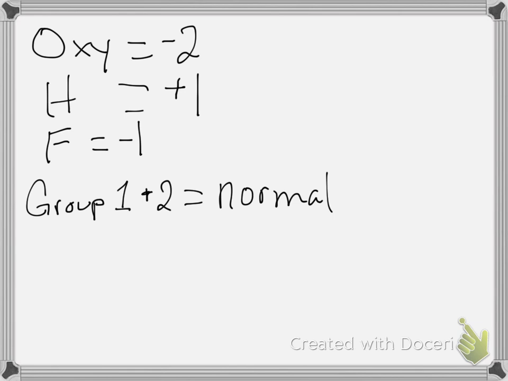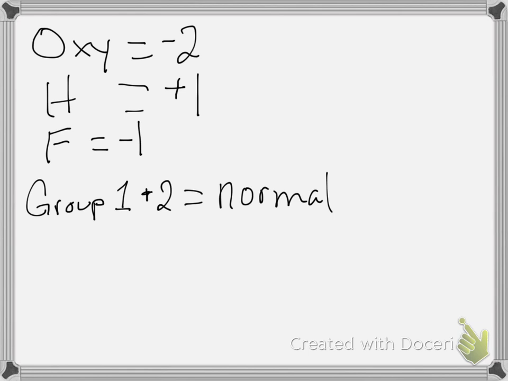Positive 2. Now, be careful. The exception to that is, look at rule number 2. Anything alone, unbonded, besides hydrogen, which is still number 1, unless they're by themselves. So if I put a group 1 metal by itself, it's 0. Does that make sense? If I put a group 2 metal by itself, it's 0. Unless you pair it with something. But if I pair it, now we go by what we've always thought of it as.